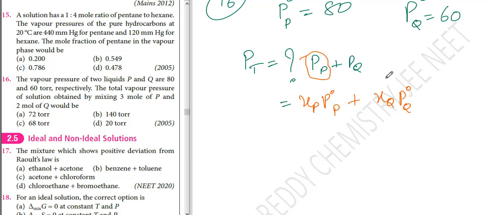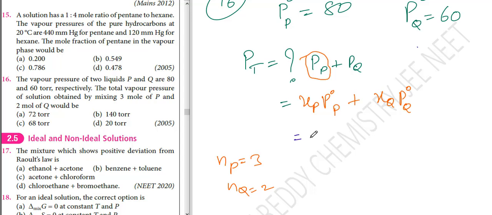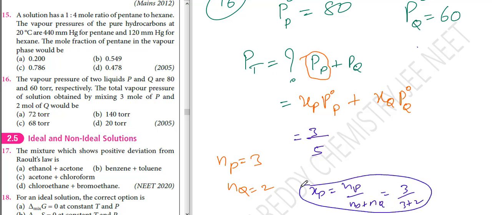Here NP is 3 moles and NQ is 2 moles. So XP equals NP by NP plus NQ, that is 3 by 3 plus 2, which is 3 by 5. I am writing this step in short form.